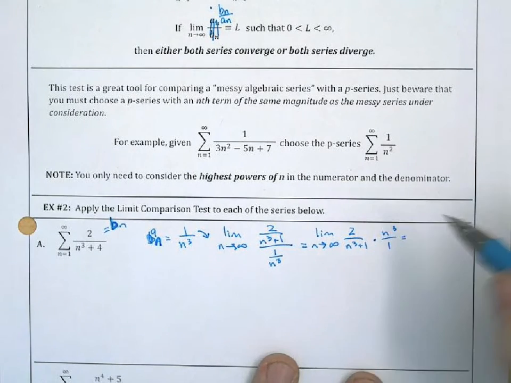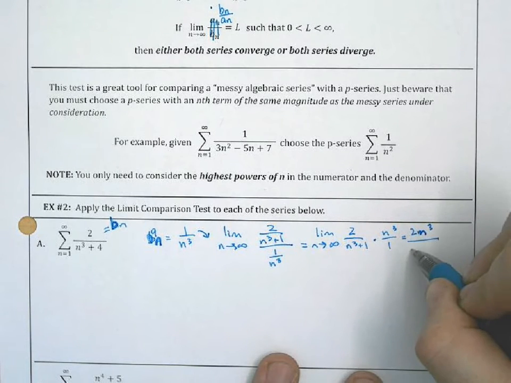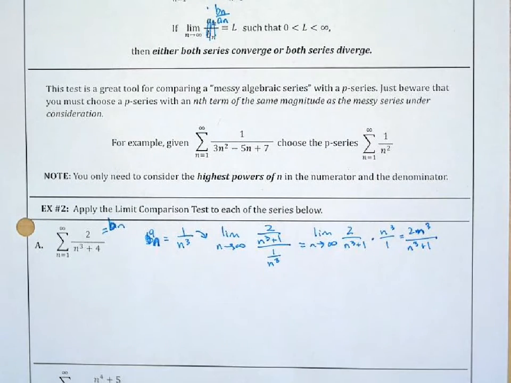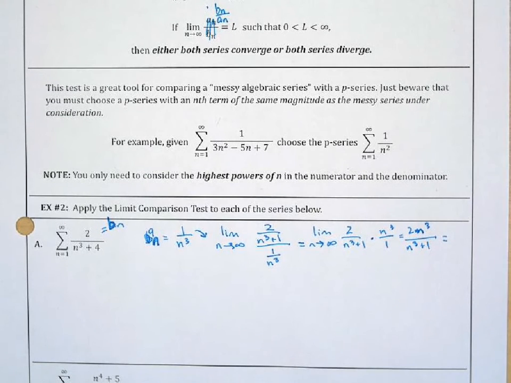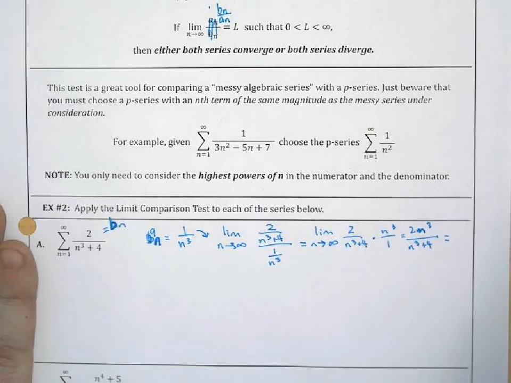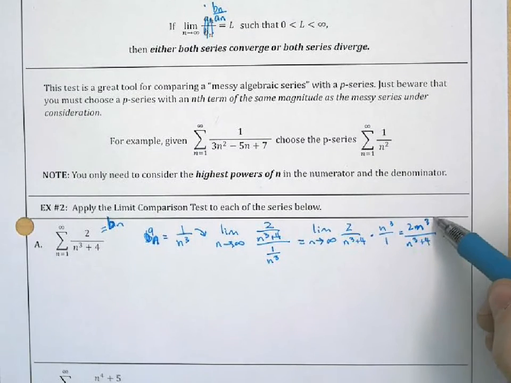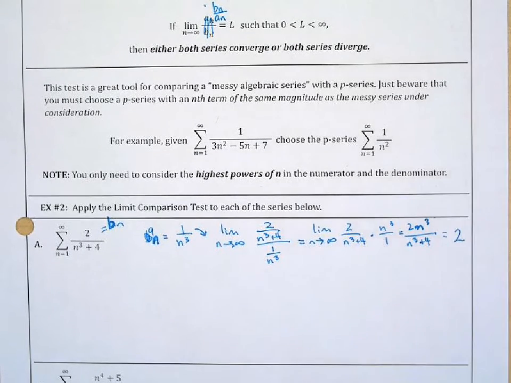And when we do this, we get 2n cubed over n cubed plus 4. We are getting faster at taking limits. If it's infinity over infinity, that's infinity, but not one, right? No, this is where we have matching powers. So the limit is 2.